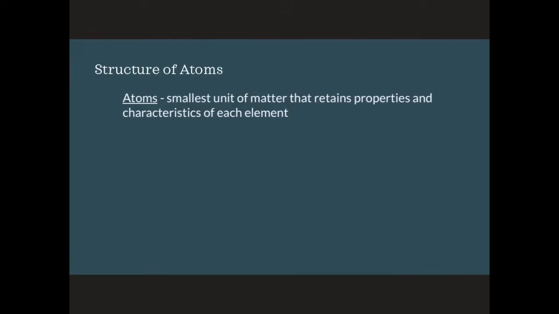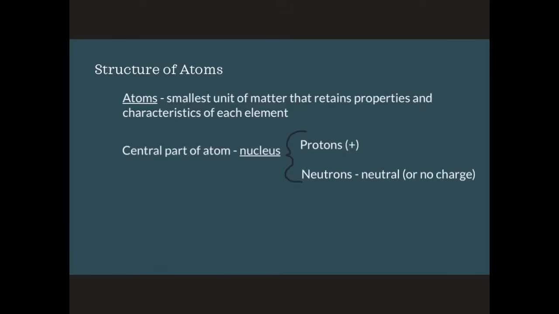The central part of the atom is referred to as the nucleus. In the nucleus is where we will find protons, which are positively charged, and neutrons, which are neutral or have no charge, while electrons, which are negatively charged, move about the large space that surrounds the nucleus.